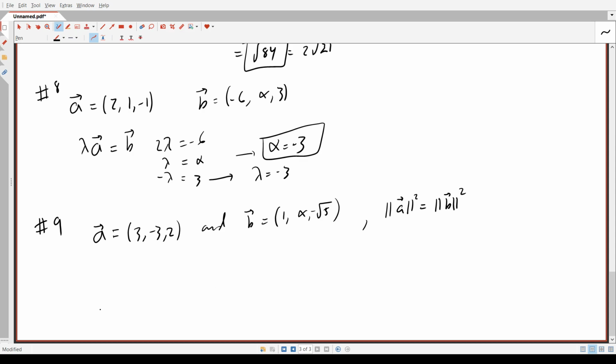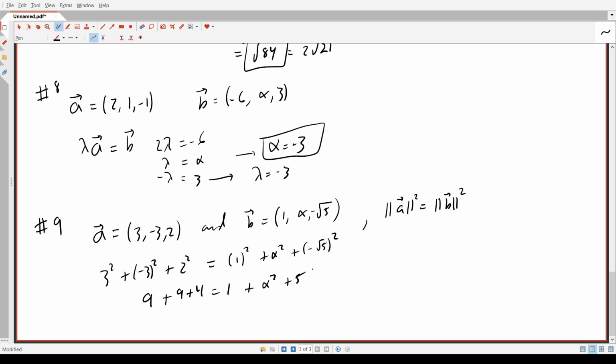Okay, so here I have that the norm of A squared, that's going to be 3 squared plus minus 3 squared plus 2 squared, should be equal to the norm of B squared. So that's going to be 1 squared plus alpha squared plus minus root 5 squared. Simplifying, this is 9 plus 9 plus 4 equals 1 plus alpha squared plus 5. 9 plus 9 is 18, that's 22. 6 plus alpha squared.